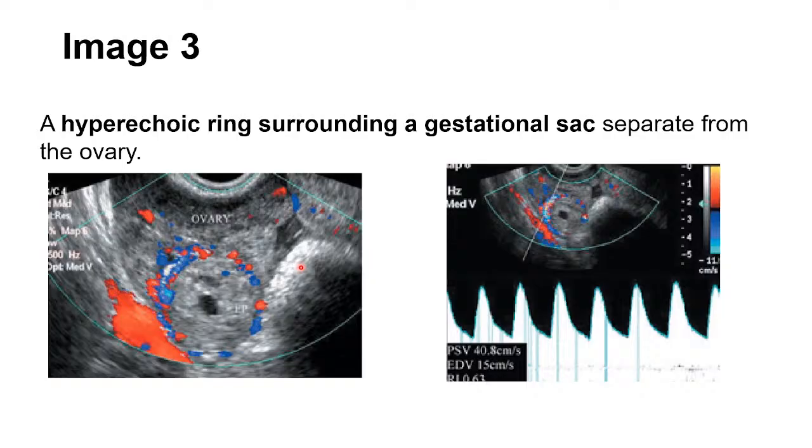What can that be? You can see the hyperperfusion, the ring of fire around the cystic structure.